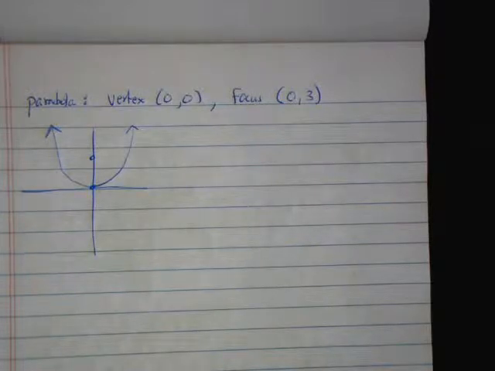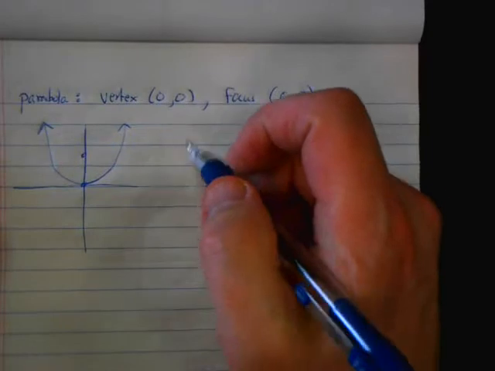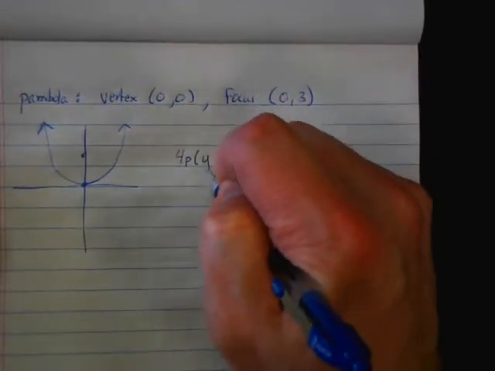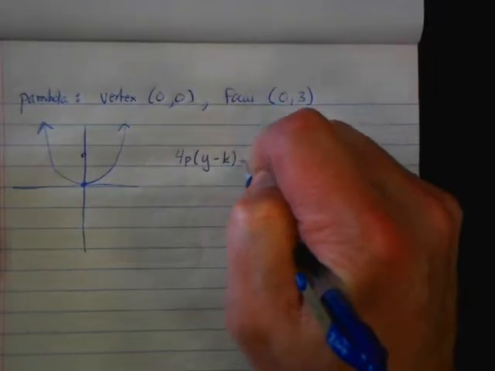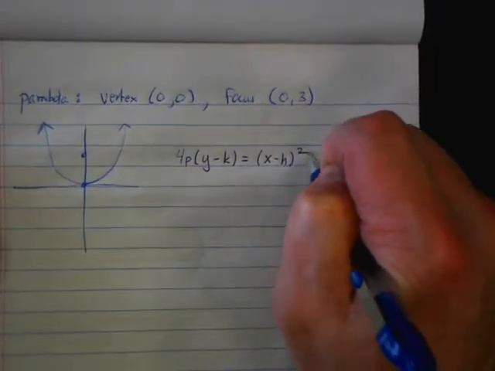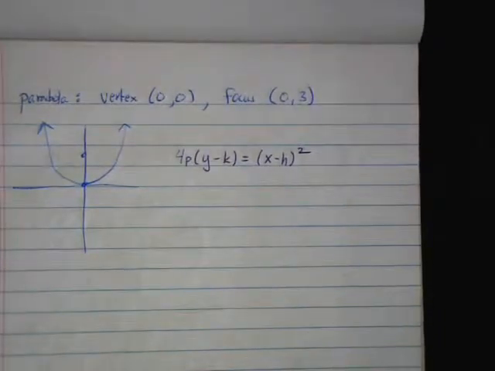My pen's running out of ink. I have another one. Here we go. So since my parabola is opening up, I know my equation takes the form 4p(y - k) = (x - h)^2. I want to know the equation of that parabola.